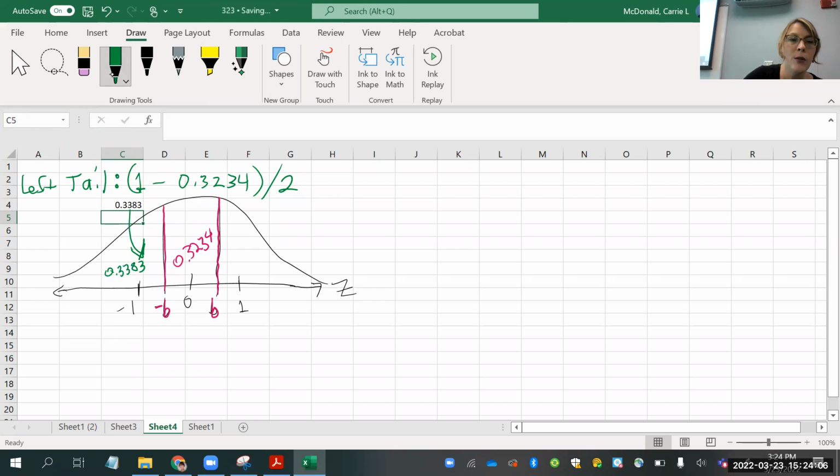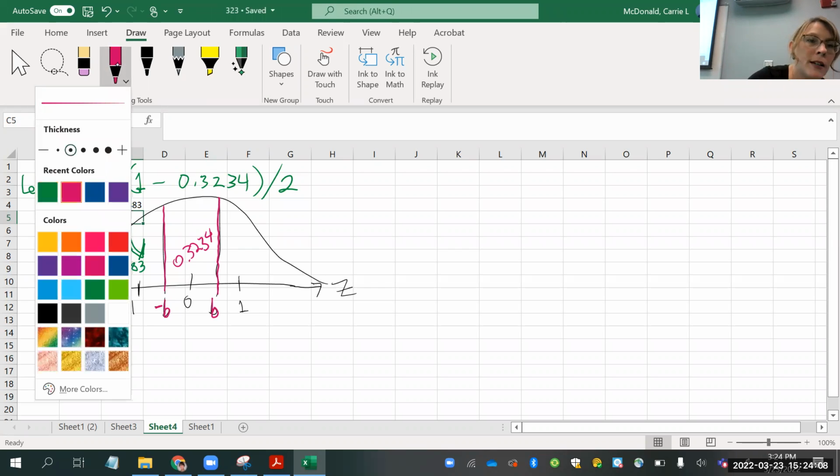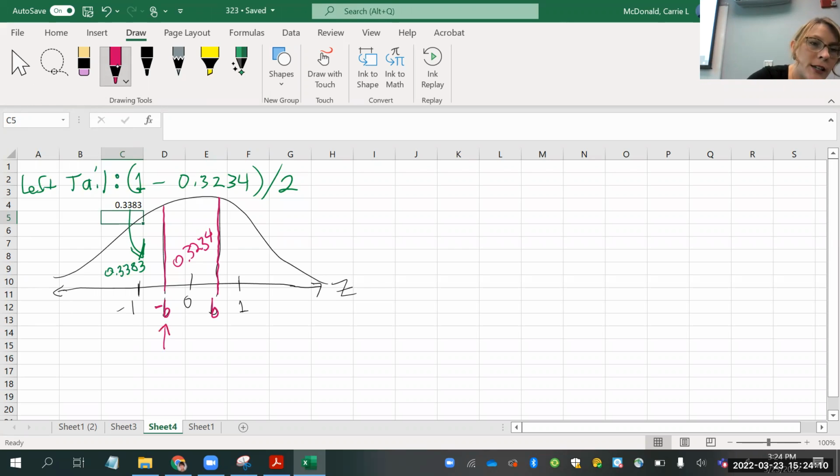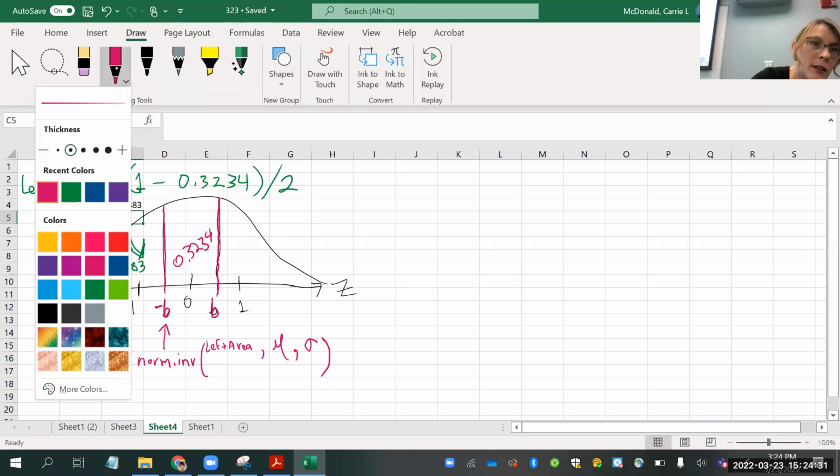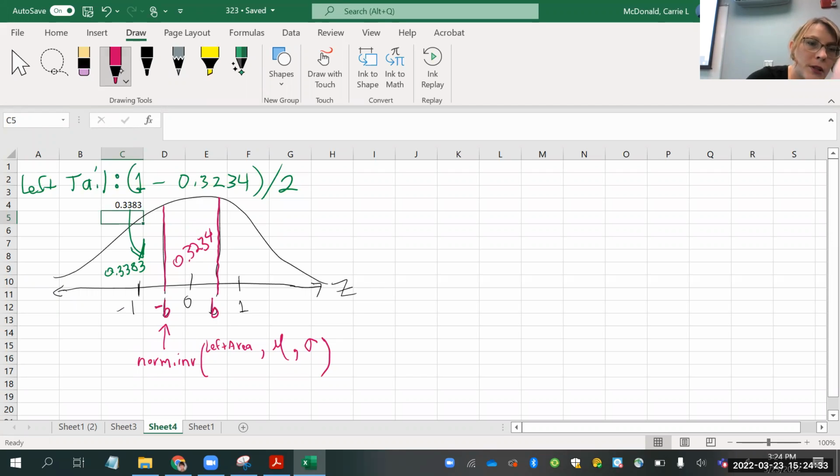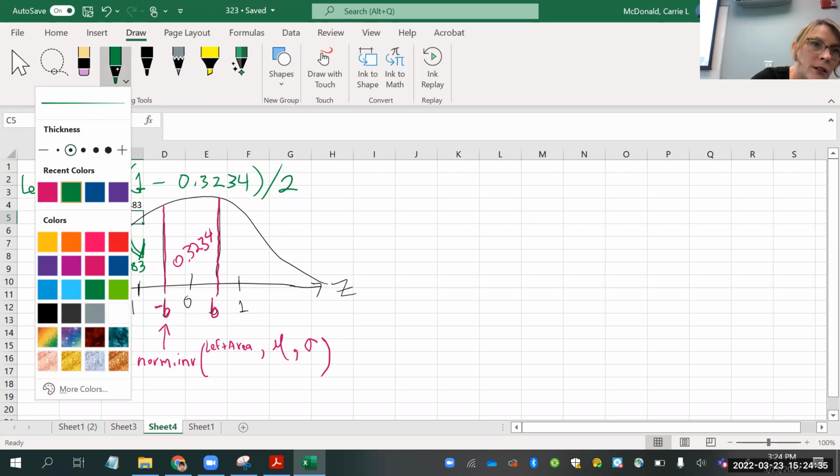Okay, now I can use that to figure out this answer right here using norm.inverse with my left area, then with the mean and the standard deviation. That's all I need, right? So my left area is the 0.3383.